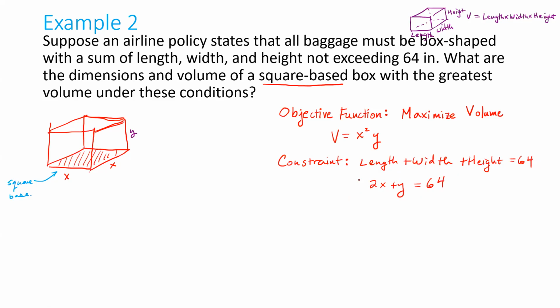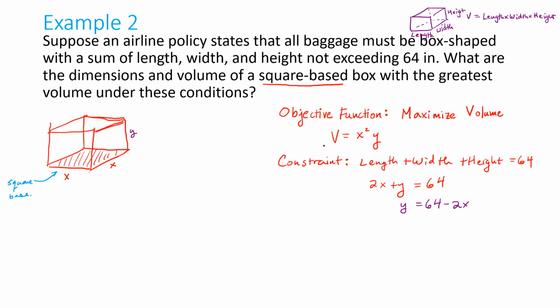So that's our constraint equation. Again, what we want to do is combine our objective volume function with our constraint equation to get volume in terms of a single variable. So what I'll do is solve for y in terms of x here, and then I'll replace y in our volume equation to get volume in terms of a single variable.